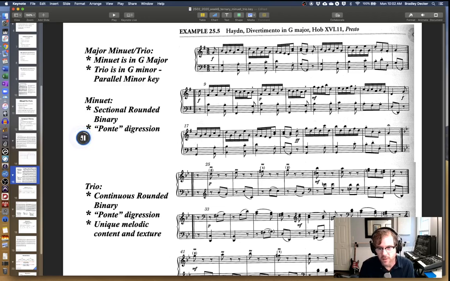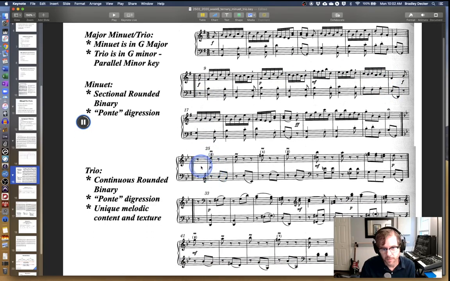Again, the language is extremely clear. This is sectional rounded binary because we stay in G. Trio, G minor. This cadence is in D here, so it is continuous. Digression.